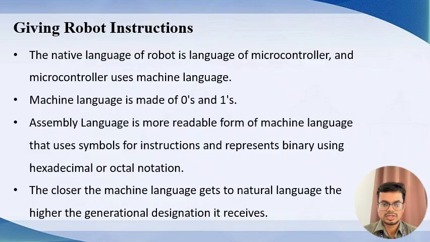And there is also assembly language, which is a more readable form of machine language, which consists of symbols for instructions and represents binary using hexadecimal and octal notations. So as the machine or robot gets closer to natural language, the higher the generational designation it receives.